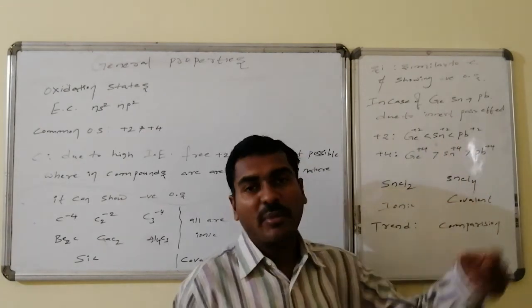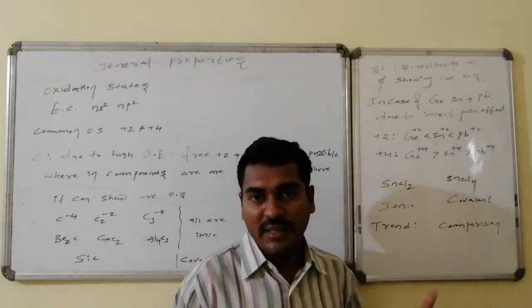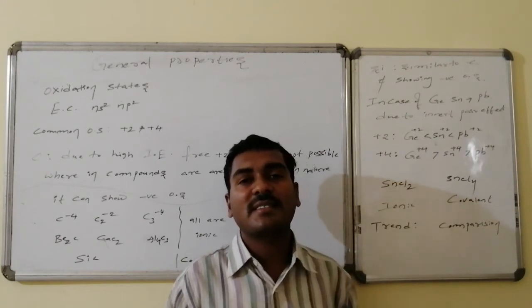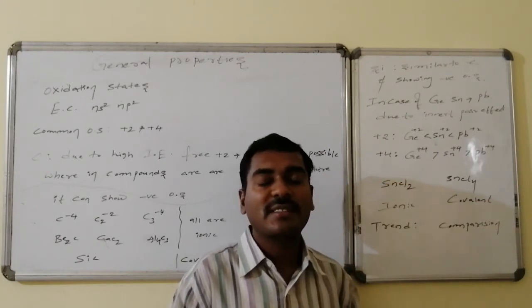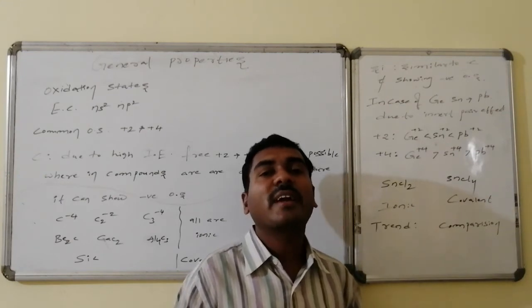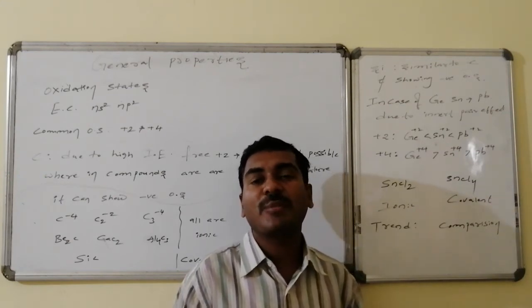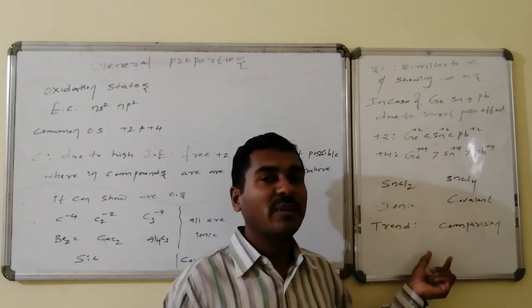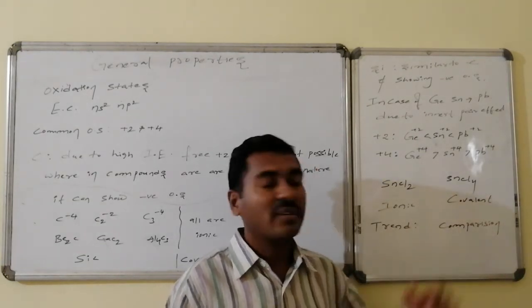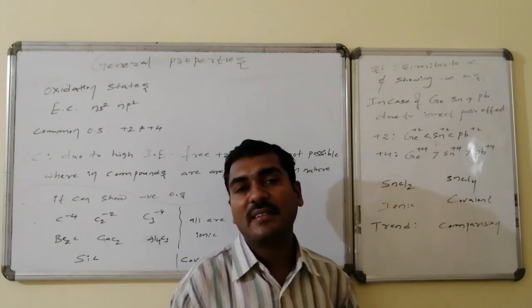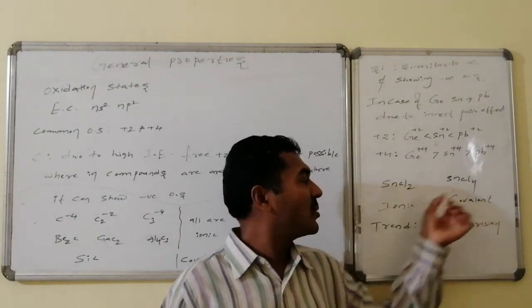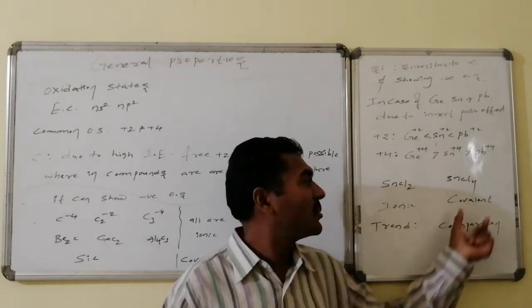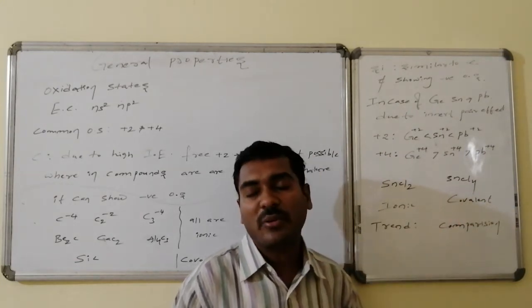Tin, the middle element of the three, can show +2 and +4 oxidation states, and the higher the oxidation state, the more covalent the character. SnCl2, where tin is +2, and SnCl4, where tin is +4: in +4 it is more covalent compared to +2. SnCl2 is an ionic compound, SnCl4 is a covalent compound.